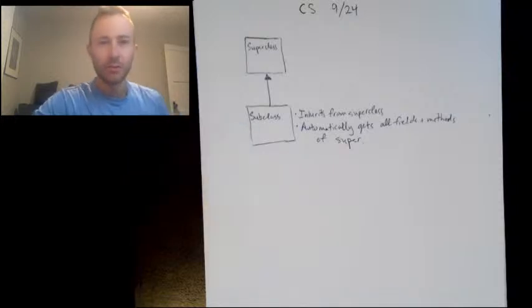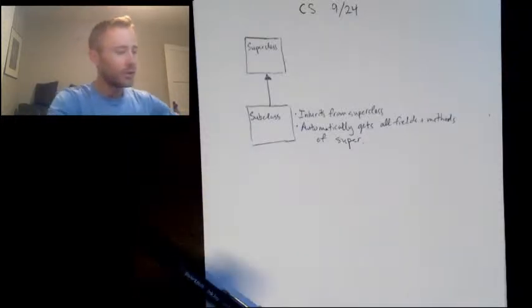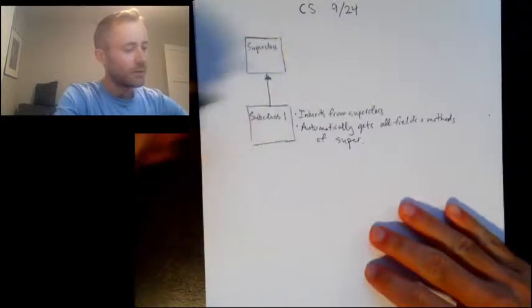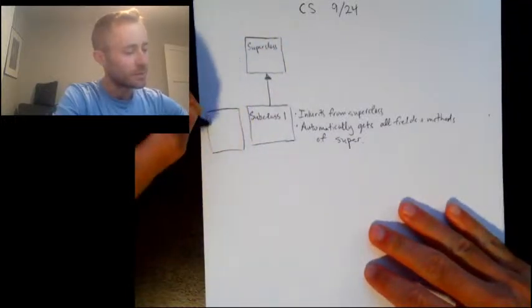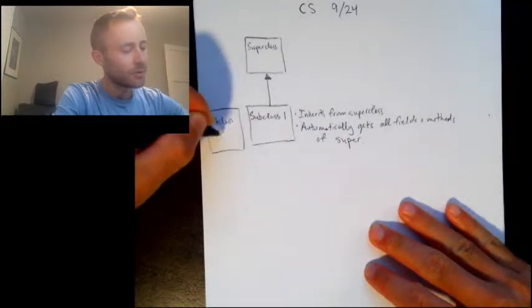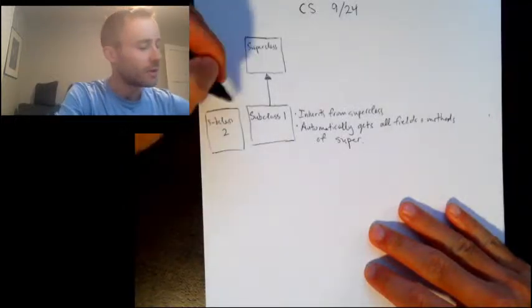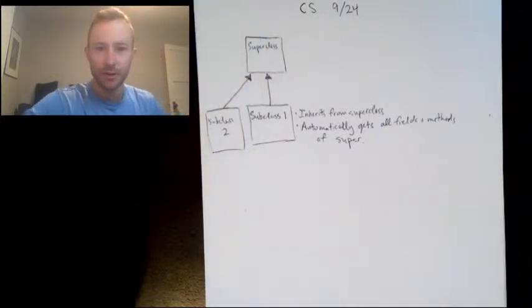So the reason that inheritance is useful is you can have several different subclasses, so maybe subclass 2, that all inherit from the same superclass.